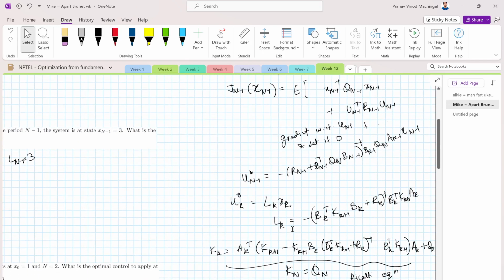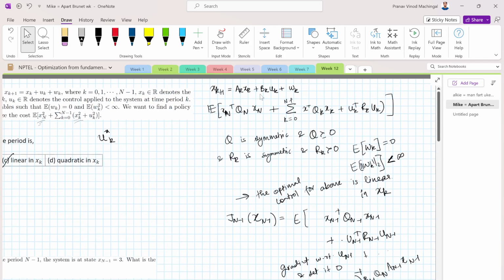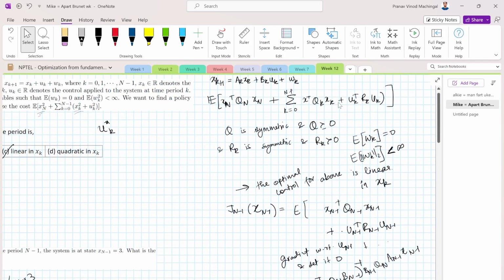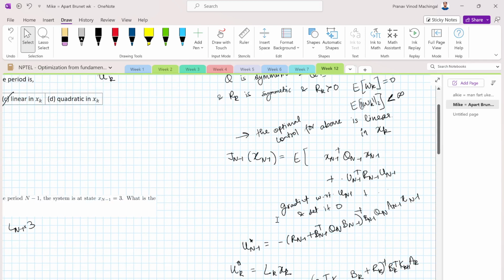So Ln minus 1 will be this whole thing, and here if you see, this is k of small k plus 1, which is k of capital N. K of capital N is equal to Qn, and Qn is equal to 1. We know bk is 1 from here. Rk is also 1.